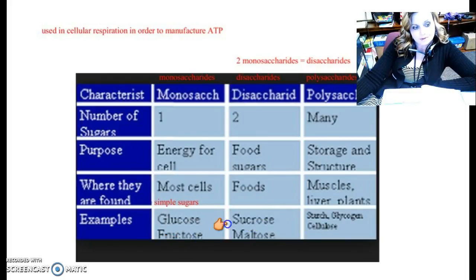Sucrose and maltose, which are more complicated. And then starch, glycogen, cellulose, which are even more complicated. They're harder to break down. They tend to be larger molecules. And anyways, the cell breaks these down to use as energy in a process called cellular respiration. And we'll talk more about respiration in a different tutorial.